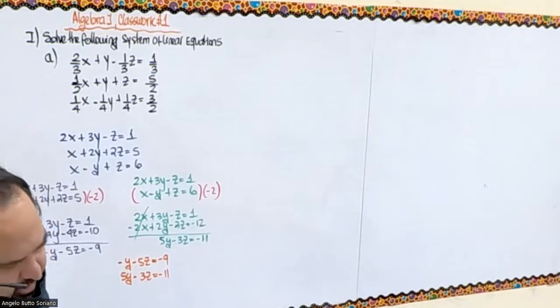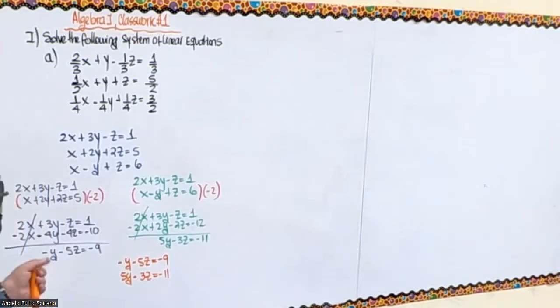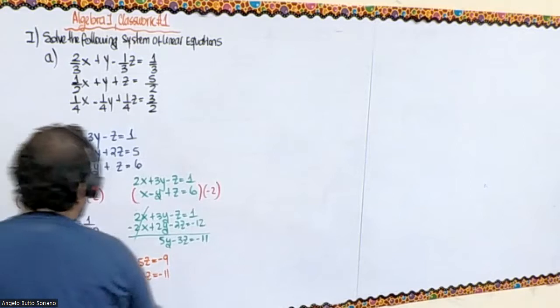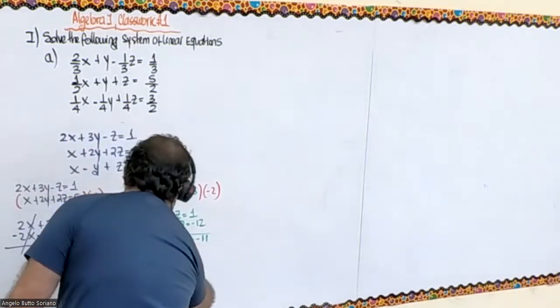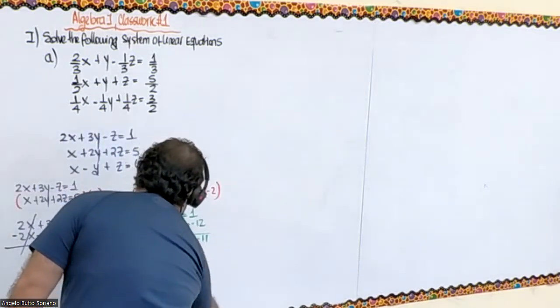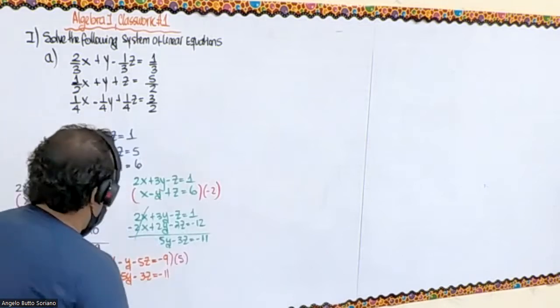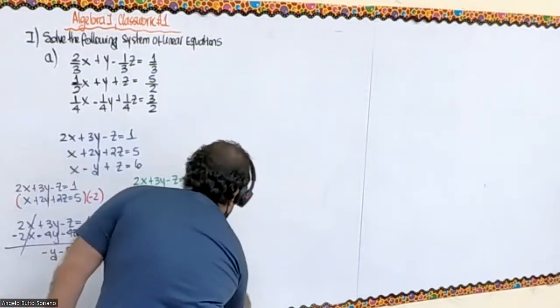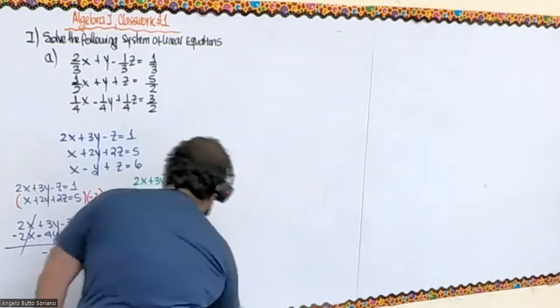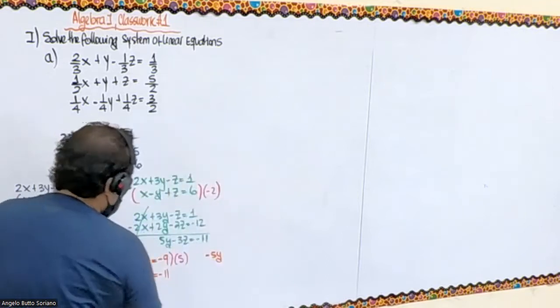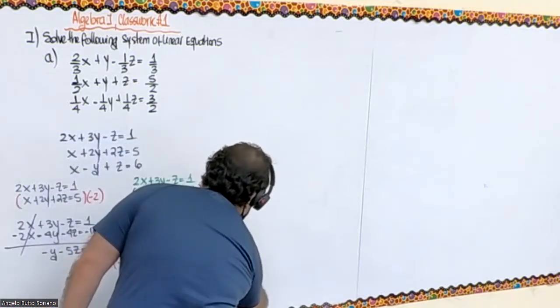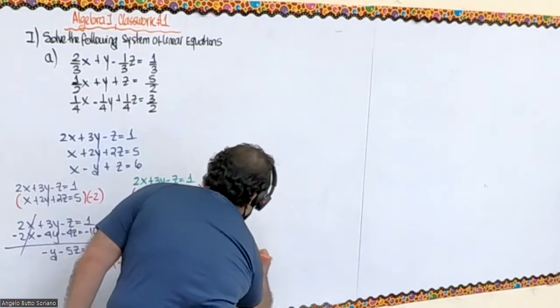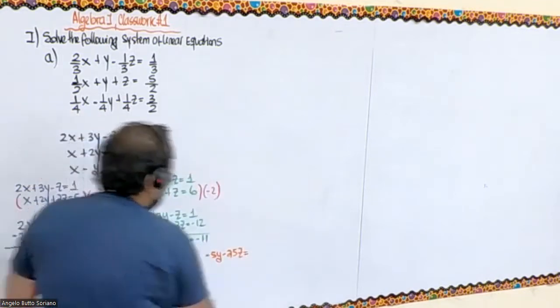Well, simple. The only thing that I have to do is multiply the upper equation by 5. And what do we have? We have negative 5y, negative 25c equals negative 45.